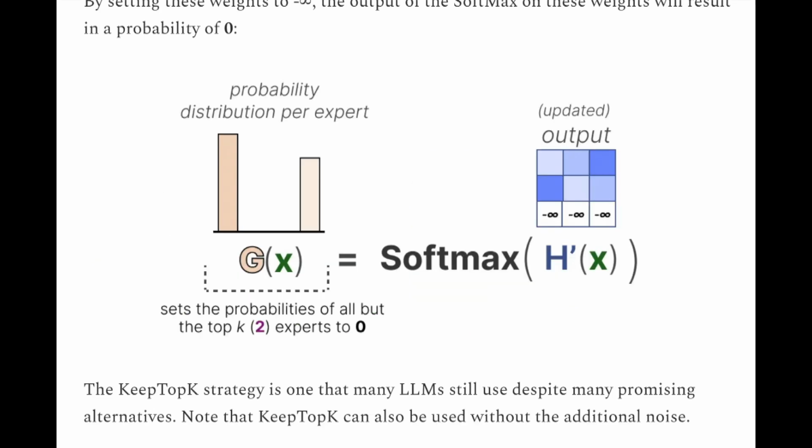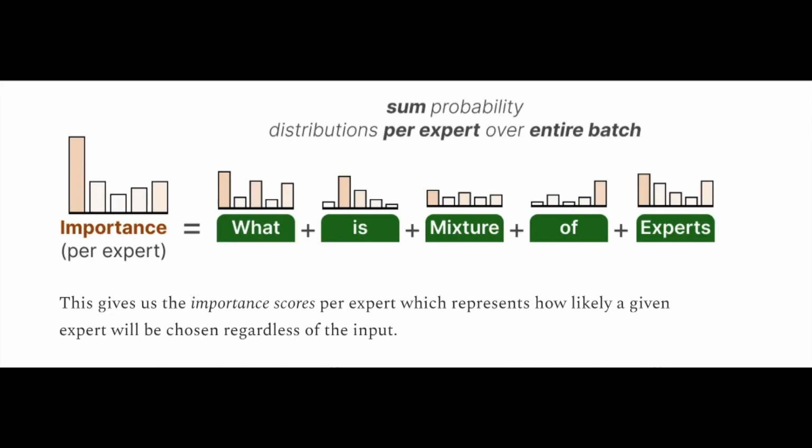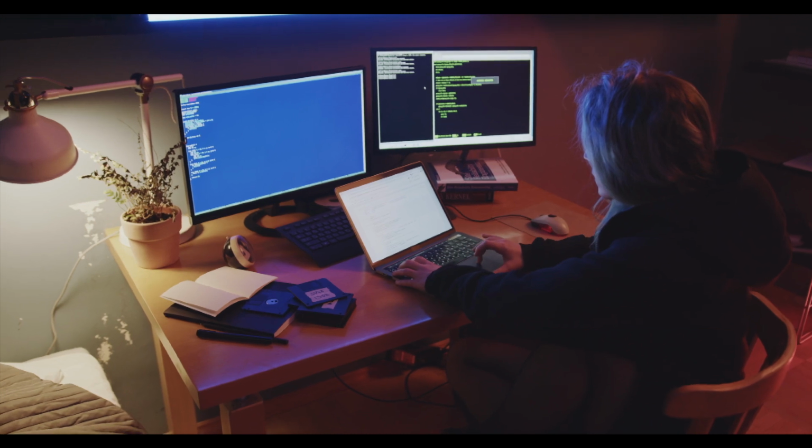When the MOE model combines the answers from the experts, it uses a technique called weighted sum. This is like giving each expert a score based on how confident the gating network is that the expert knows that particular answer for that particular query or question.